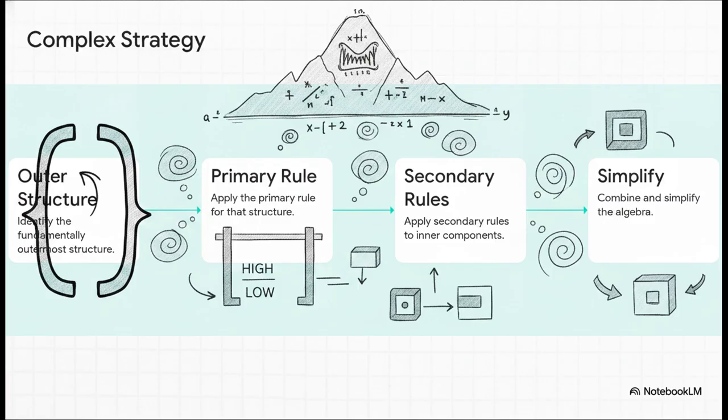Just ask yourself, what's the very last mathematical operation I'd do if I were just plugging a number into this for x? If the last thing you do is divide a massive numerator by a massive denominator, then hey, the function is fundamentally a quotient, and the quotient rule is your starting point. You set up your big quotient rule framework first, and then apply your smaller power or product rules as you figure out the inner parts of the numerator and denominator. Basically, work from the outside in.